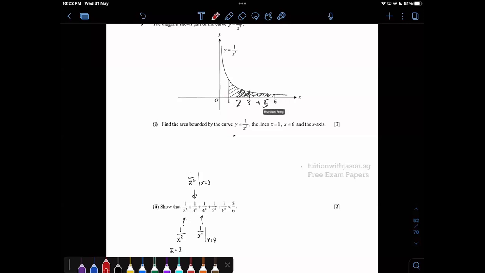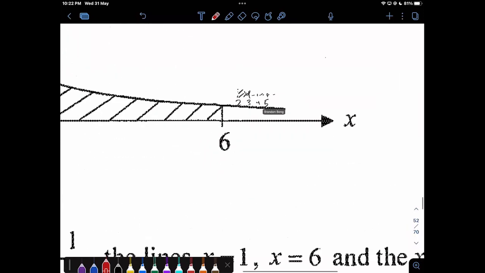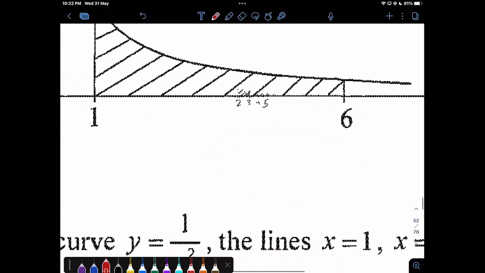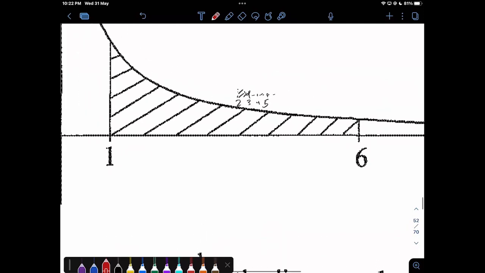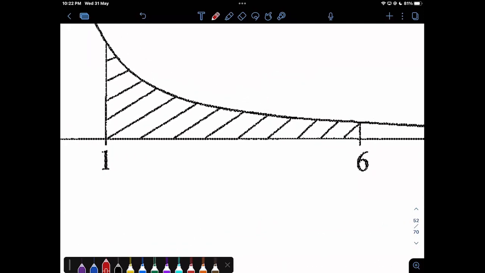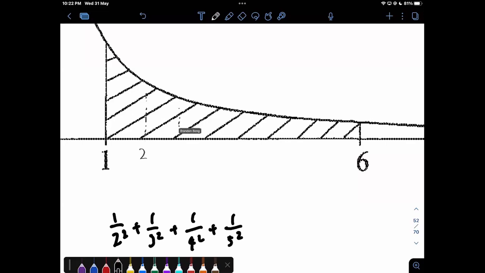Oh, maybe, sorry, pause a while. Let me zoom in first. Easier. Remember the goal was 1 over 2 squared, 1 over 3 squared, plus 1 over 4 squared, until 6 squared. So. Hey, your 3 is a bit off.